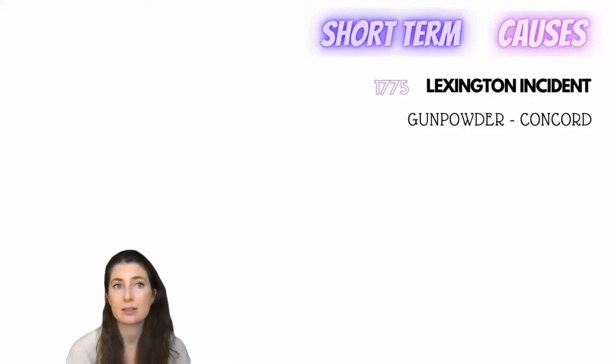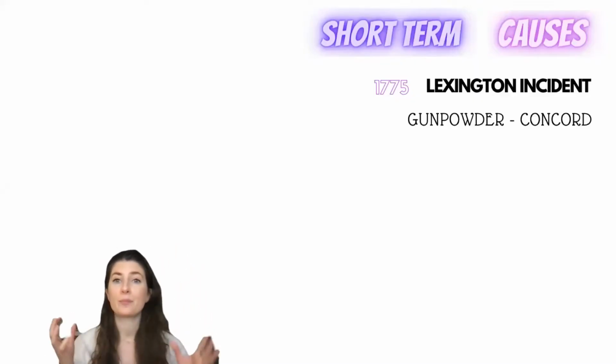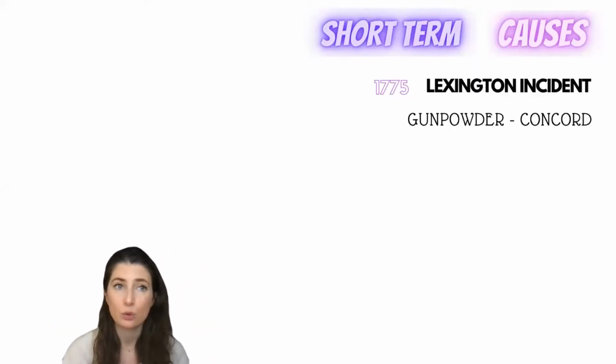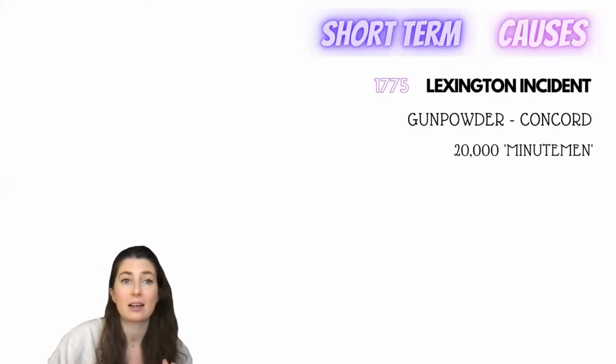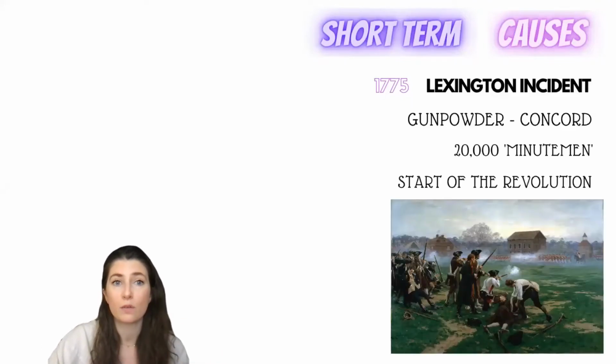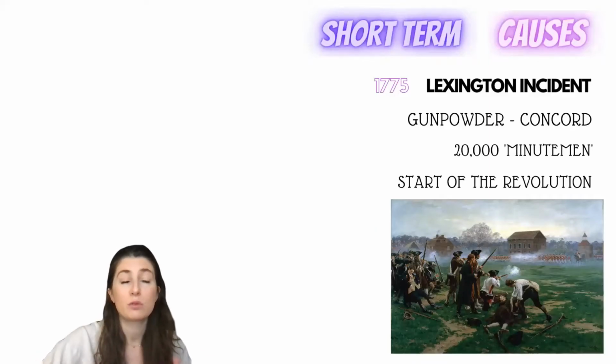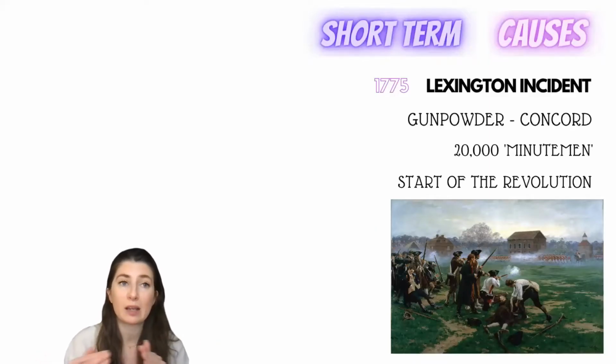When they tried to do this, 20,000 Minutemen, who were local farmers, clerks, ploughboys, ordinary people, civilians essentially, who were just tired, exhausted, fed up, and done with British rule, reacted and fired back on the soldiers. This is the Lexington incident, and this is what I would call the spark of the revolution. It started the war. It's technically the very first conflict, the first moment where the 2 sides come up against each other.